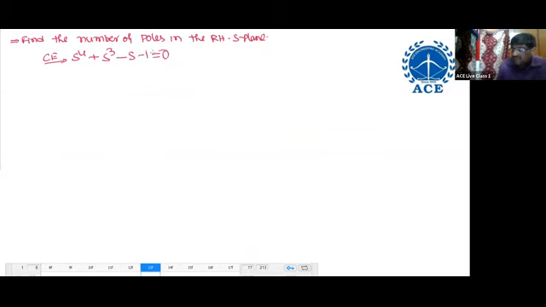The characteristic equation is s⁴ + s³ - s - 1 = 0. Come on, do it.